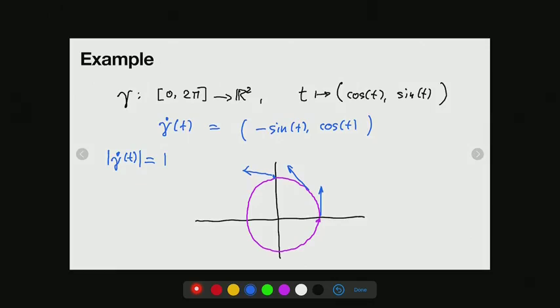Is it a simple curve? Who says it's simple? Please raise your hand. Okay. Yes, thank you. It's simple, and it has got the same starting point as the endpoint. γ(a) is the same as γ(b), so it's also closed.